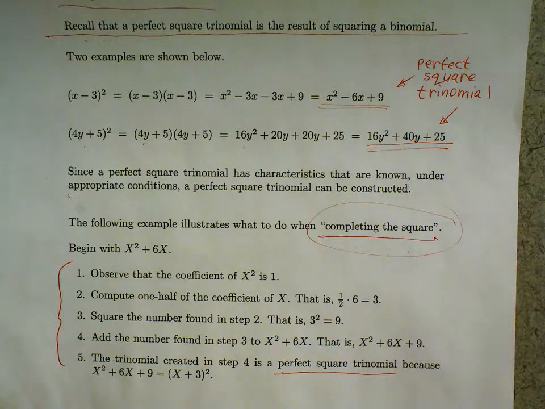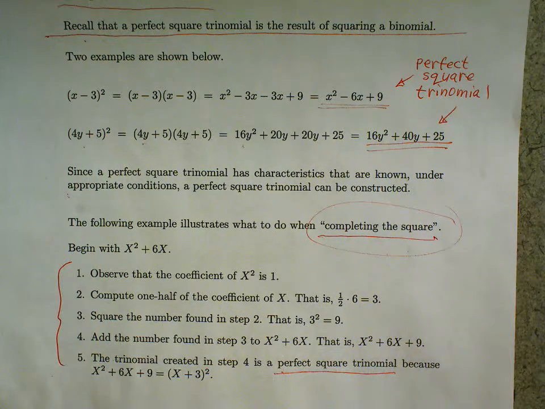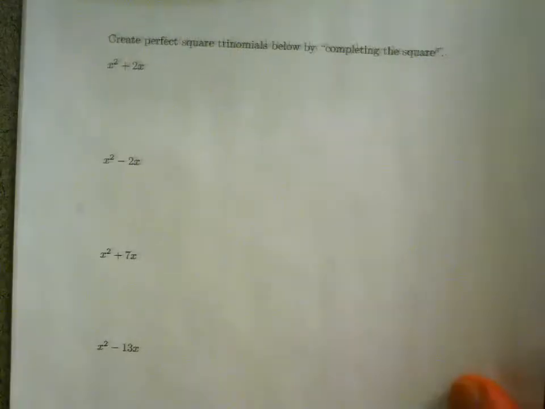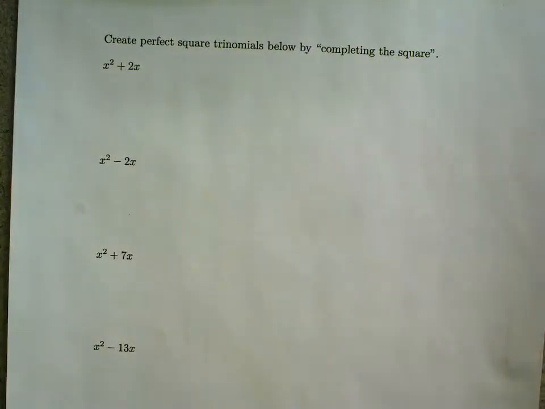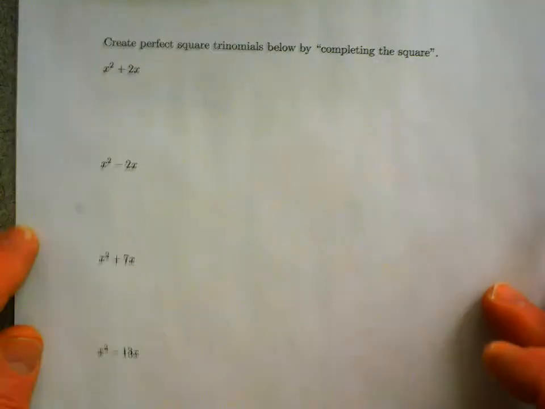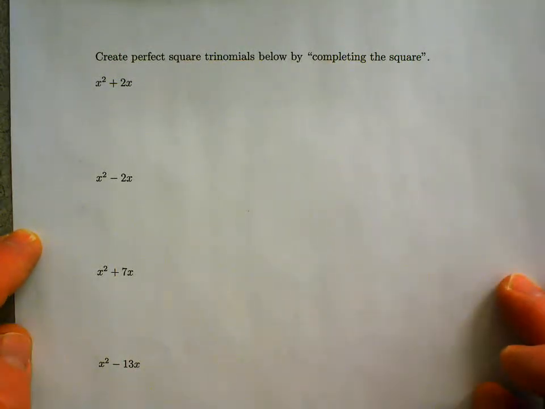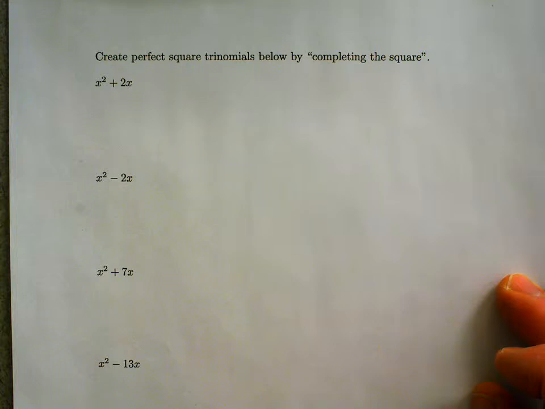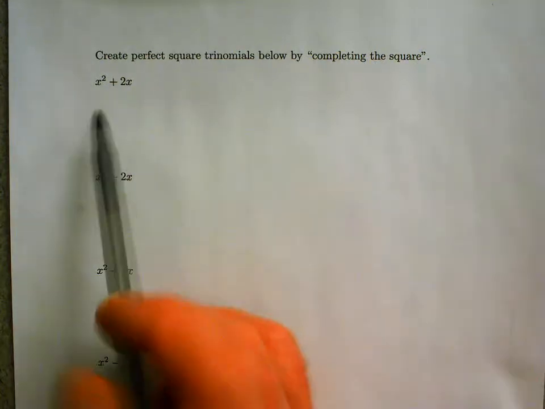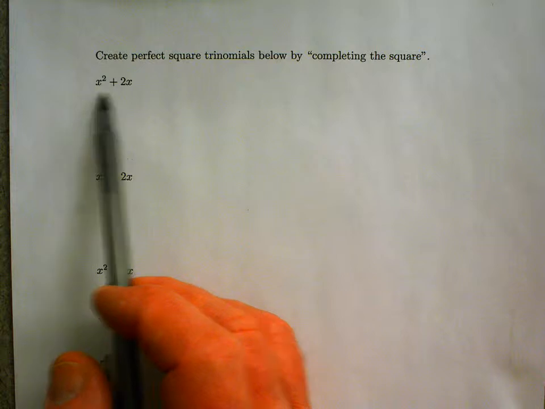First, we will practice creating perfect square trinomials by completing the square. So on the next page, the directions: create perfect square trinomials by completing the square. So we're beginning with x squared plus 2x.